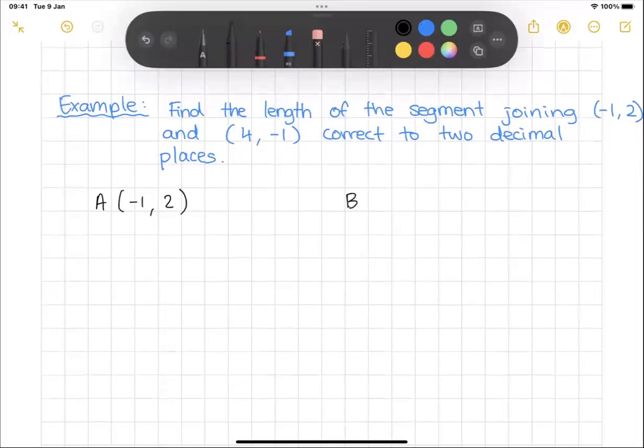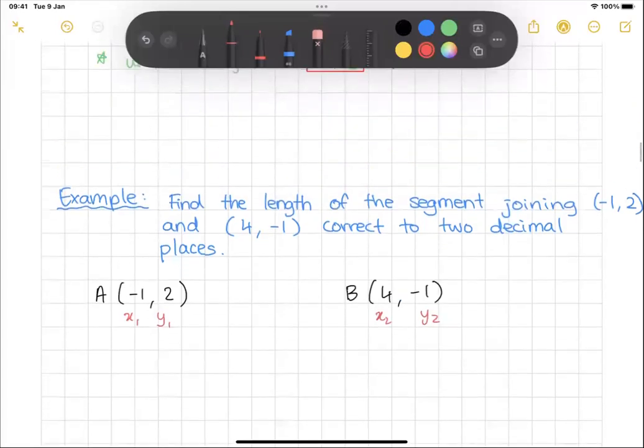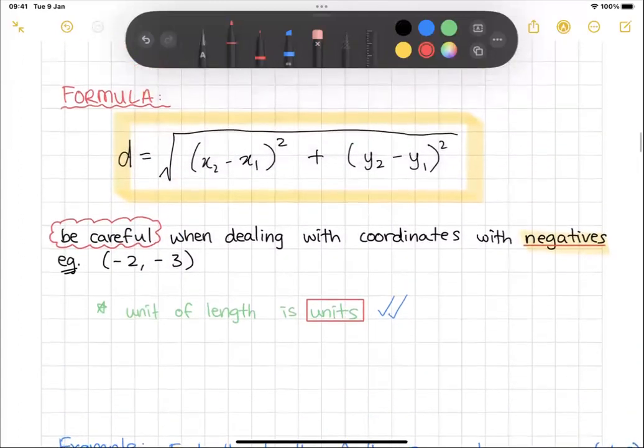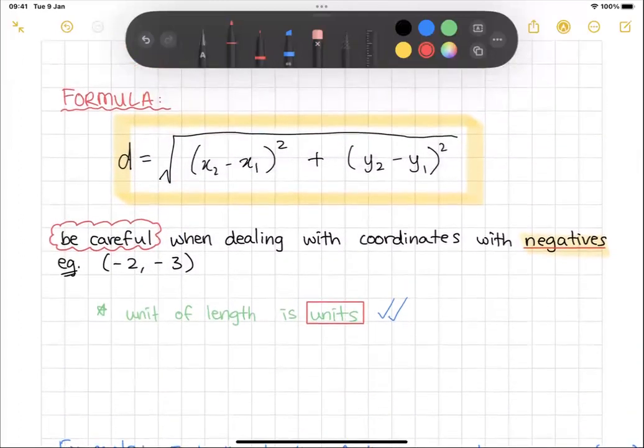I'm going to write down (-1, 2) as my point A and (4, -1) as my point B. Once I've done that, just like our previous lesson for midpoint, I'm going to label x1, y1 and x2, y2, because in my formula I needed to find out which one is my x2, y2 and which is x1, y1.